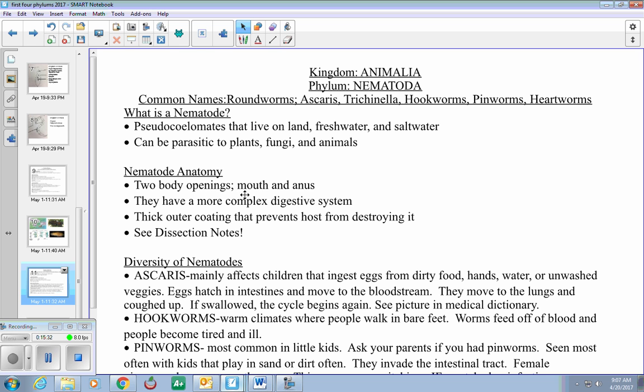We finally have a mouth and an anus, so this is a big deal in the whole evolutionary process. They have a more complex digestive system. They can have a thicker outer coating that keeps a host from destroying it, or so that it can stay outside of the water.